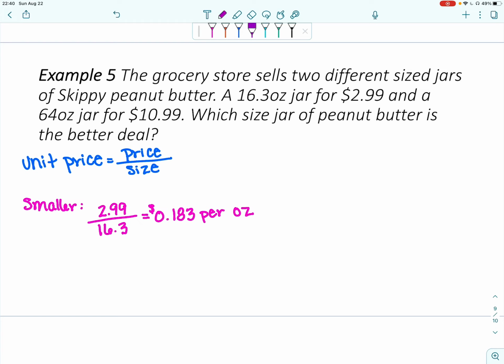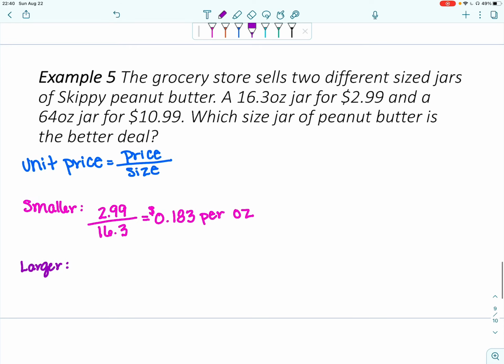So now let's look at the larger jar and compare. The larger jar is $10.99, but I'm going to get 64 ounces out of it. So $10.99 divided by 64 is 0.172 per ounce. So each ounce is going to cost 17 cents.